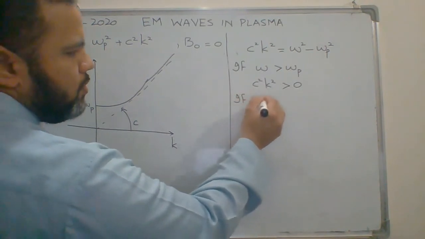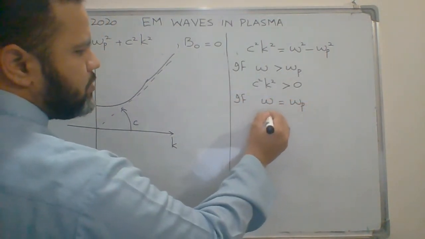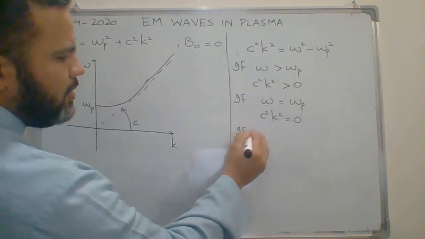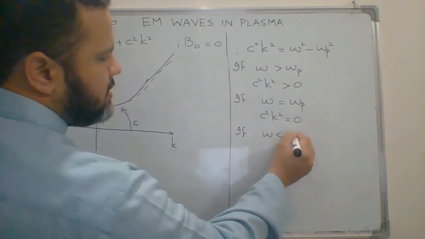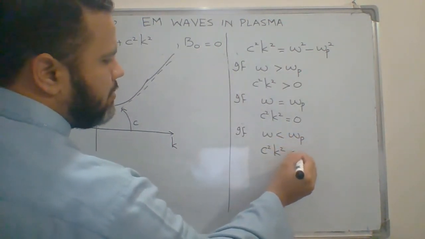If omega equals omega p, then c square k square equals 0. And if omega is less than omega p, then c square k square will become a negative value.